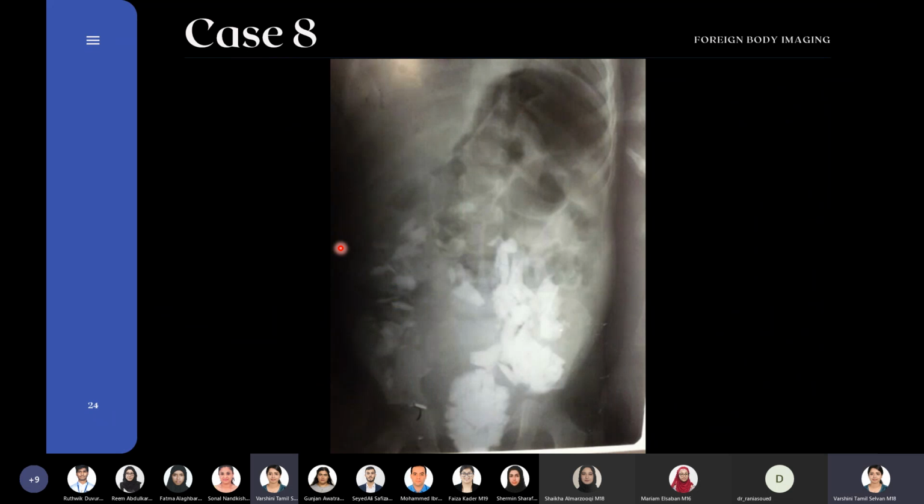So moving on to the next case, what do you guys think is wrong with this scan? First, let's start with where exactly this scan is focusing. Is it on the chest, the abdomen, or the head and neck? Where exactly in the body? Anyone?